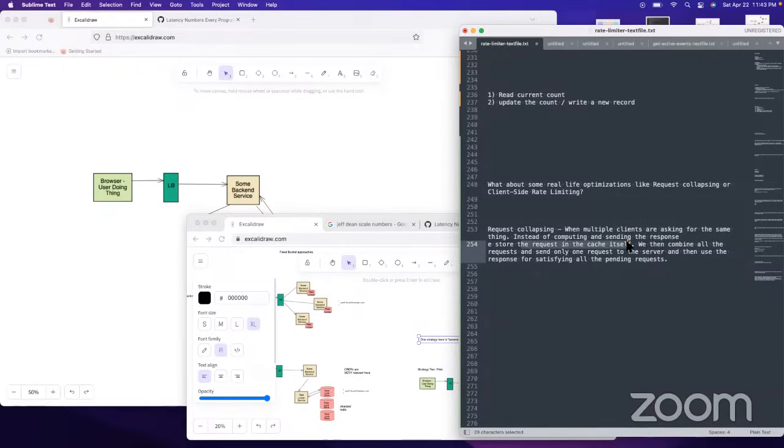That reminds me of dynamic programming. So I wouldn't call that a rate limiting solution, but I would call that a really cool optimization. I've never heard of that before. That's really awesome. Find all the requests and send only one request to the server and then use the response.